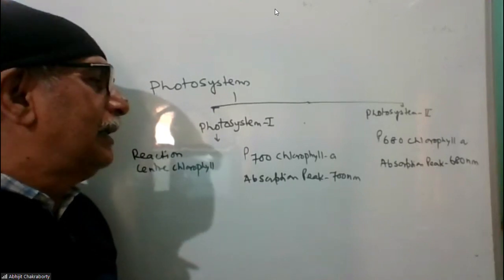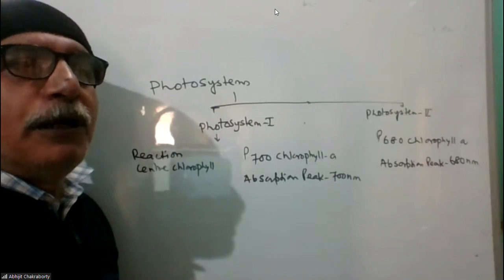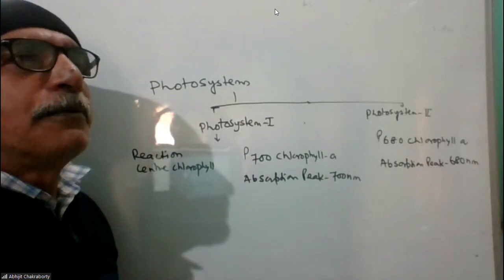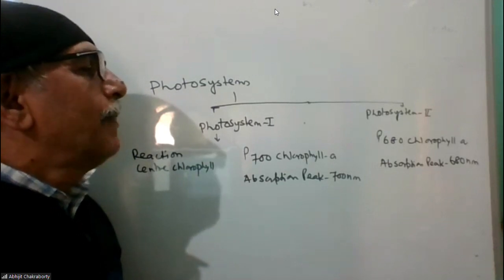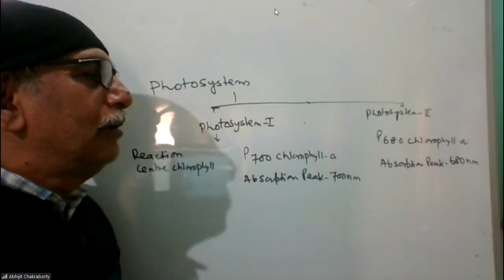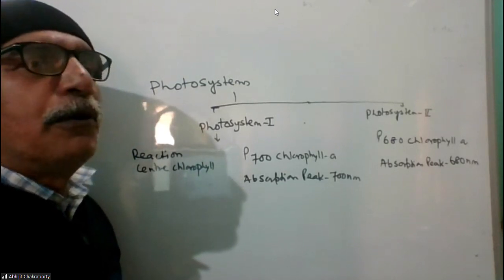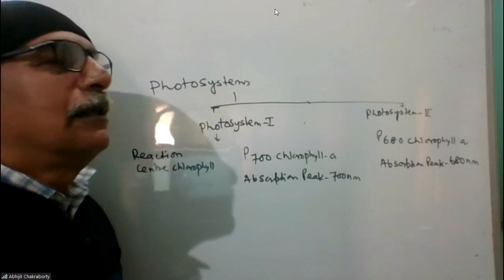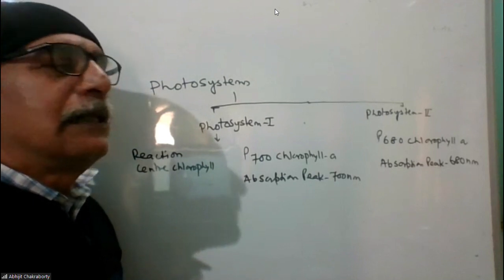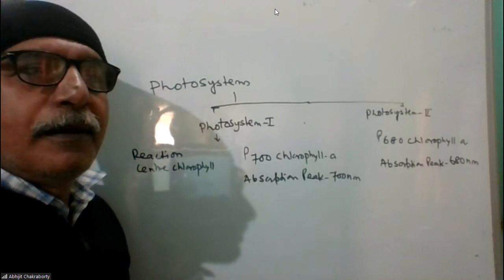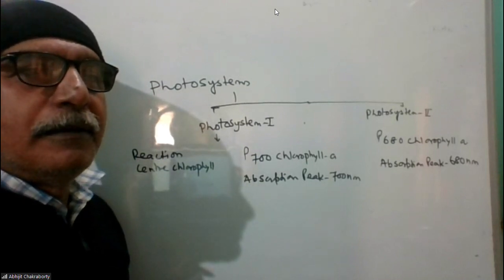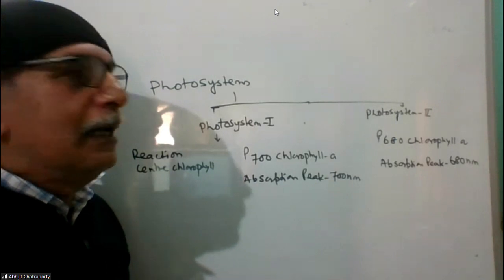On the other hand, P680 is also a chlorophyll molecule of a photosystem where the absorption peak is at 680 nanometer. Is it clear now?